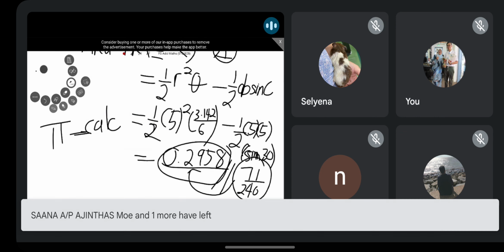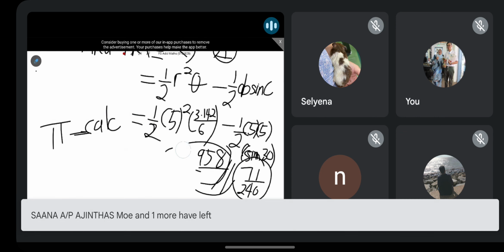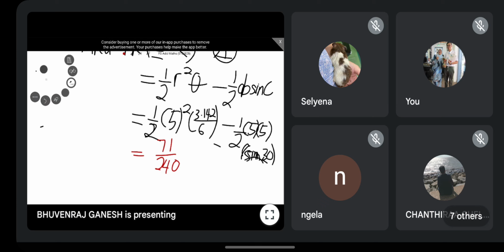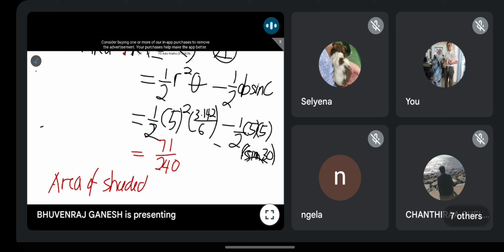Okay, so second step, what you must do is you must find out the kawasan berlorek, shaded region. Okay, so this one is 71 over 240. So now you find area of shaded region, kawasan berlorek. So how to find shaded region?